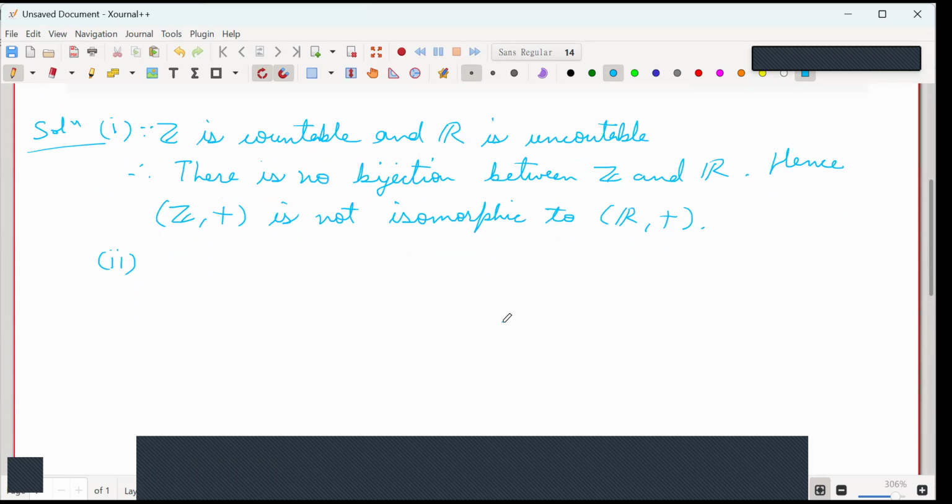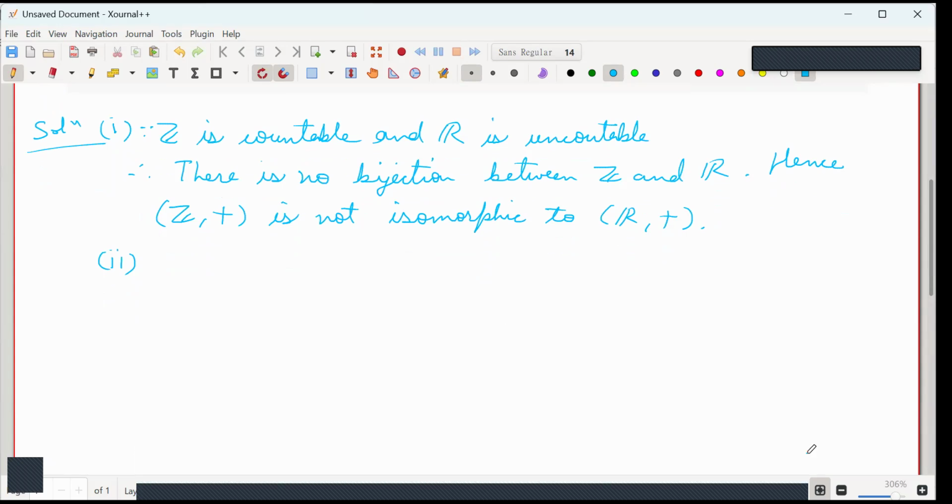So let's start by first assuming that there is an isomorphism, and then we will come to a contradiction. The one thing is clear: the cardinality part won't give us a contradiction, right? Yes, sir. So the only thing we have to check is the homomorphism part. So let's try to do that.